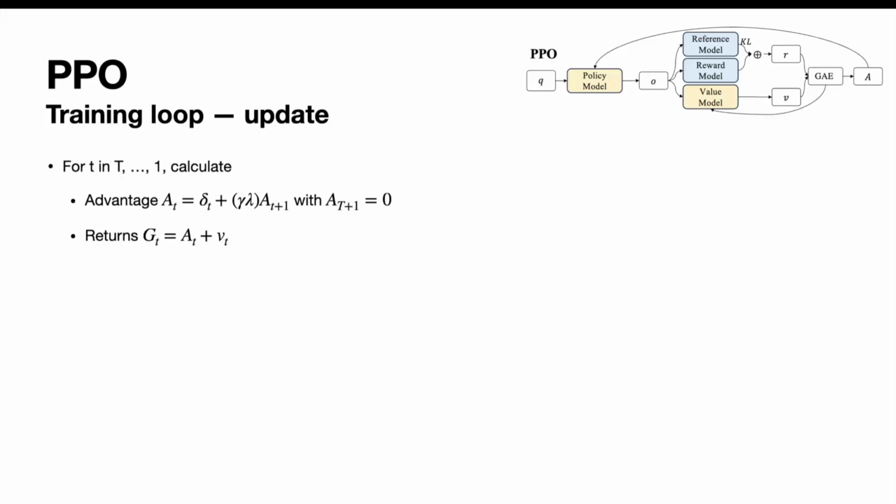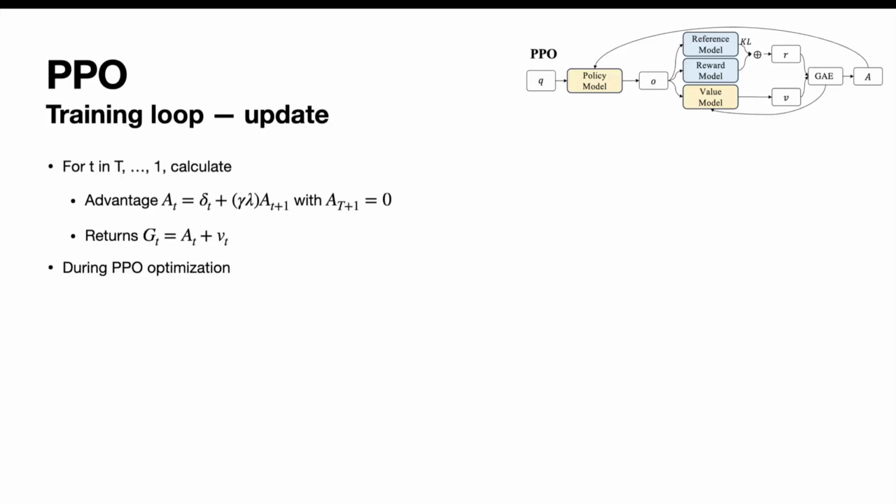Remember, advantage is defined as return minus value. So, after we estimate the advantage, we can add the value baseline back. J_t equals A_t plus V_t. With GAE, this is an estimated return target that reuses the value baseline.